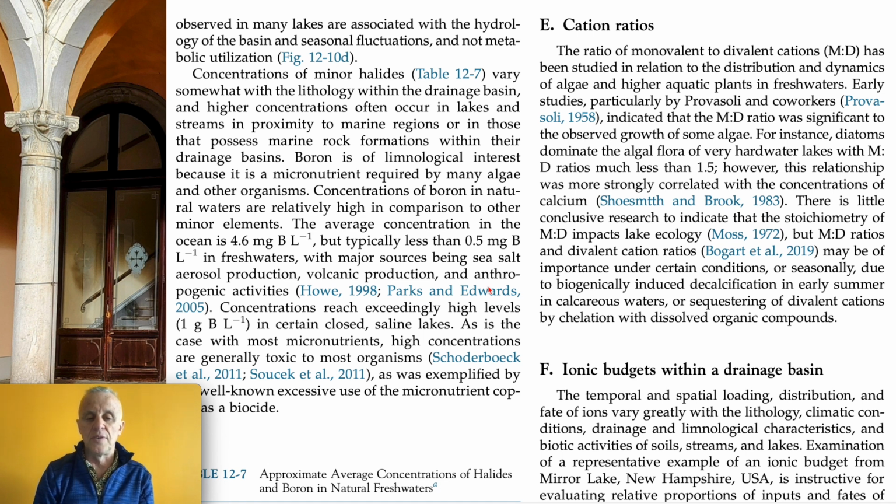The average concentration in the ocean is 4.6 milligrams of boron, but typically less than 0.5 milligrams of boron per liter in fresh waters, with major sources being sea salt, aerosol production, volcanic production, and anthropogenic activities.